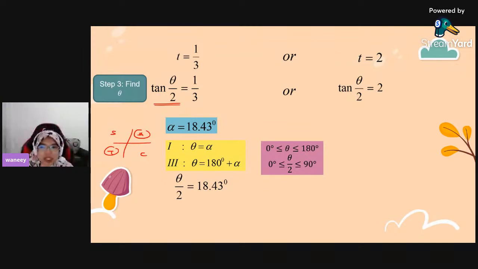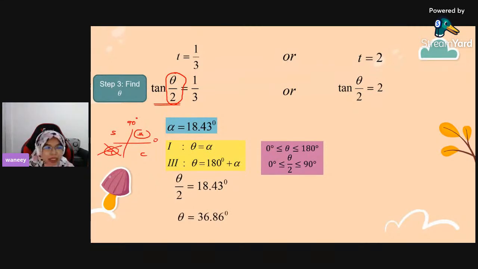Since this is tangent theta over 2, I have to divide by 2, so theta over 2 is between 0 and 90 degrees. That means I cannot have any answer in the third quadrant, because they should be between 0 and 90 degrees only. So I only have one answer, which is theta over 2 equal to 18.43. Those are the only answers for the left hand side.